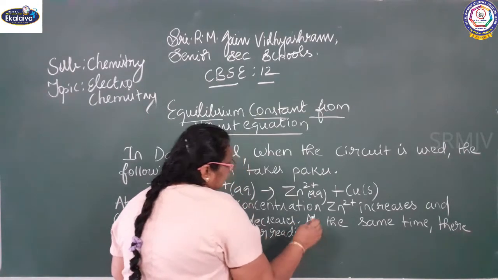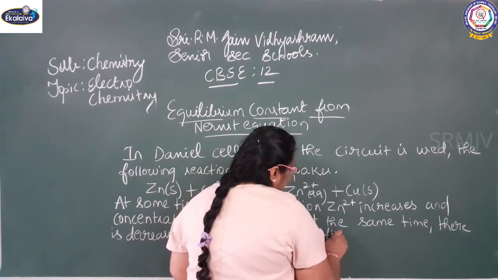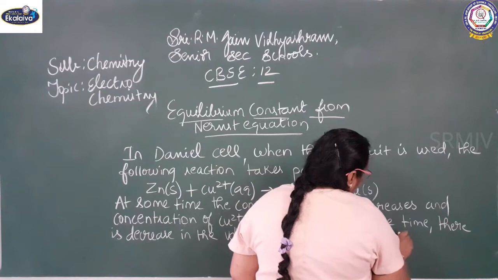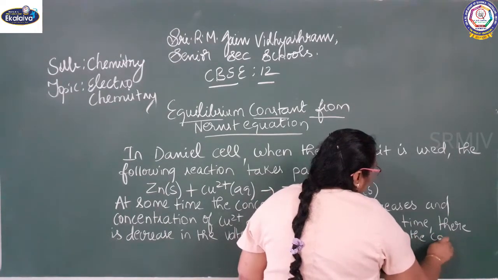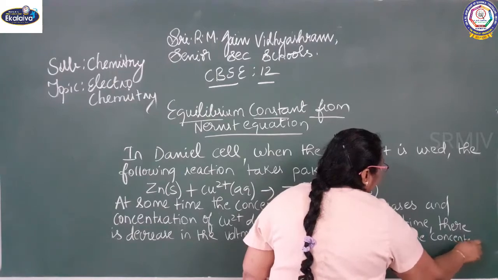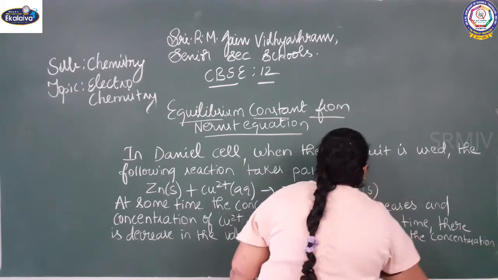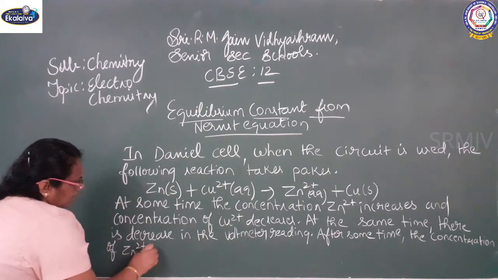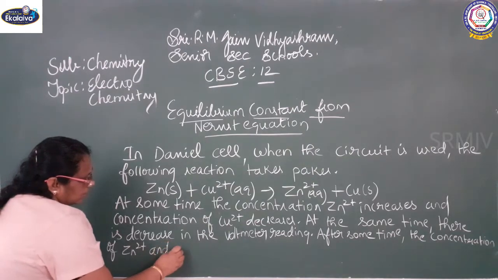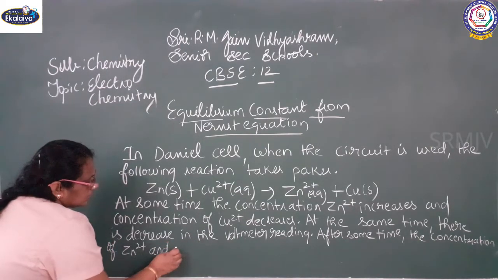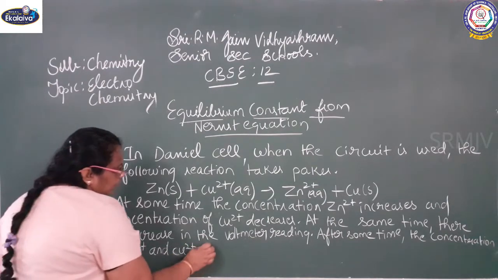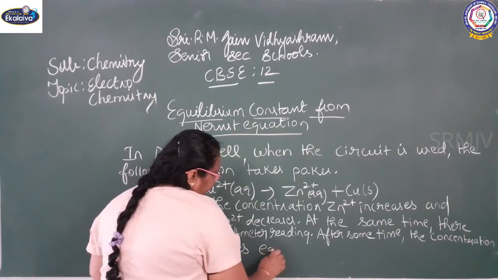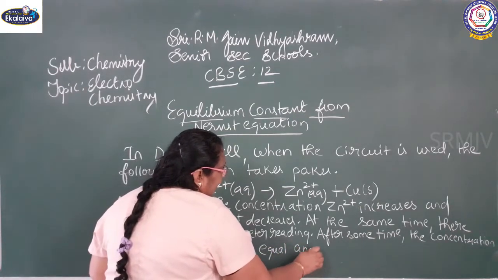After some time, the concentration of zinc 2 plus and copper 2 plus becomes equal, and the voltmeter reading shows 0.